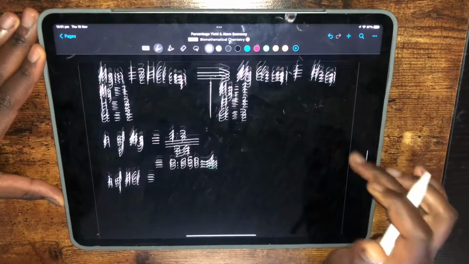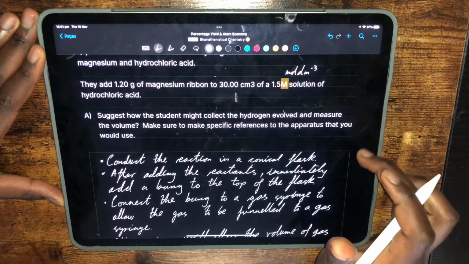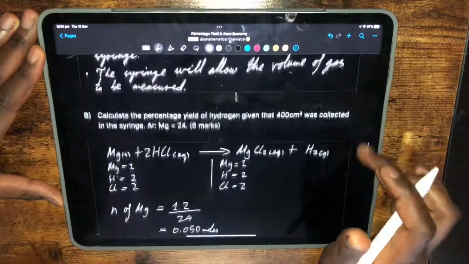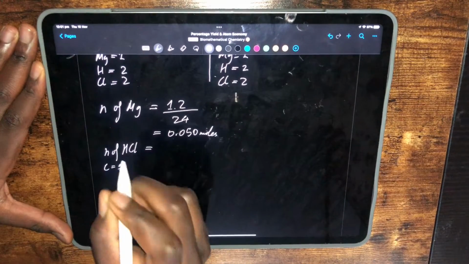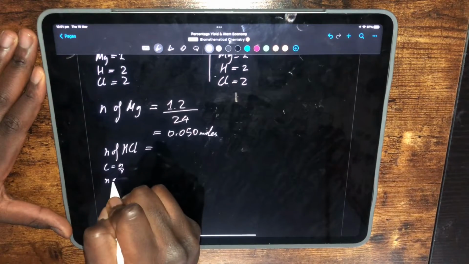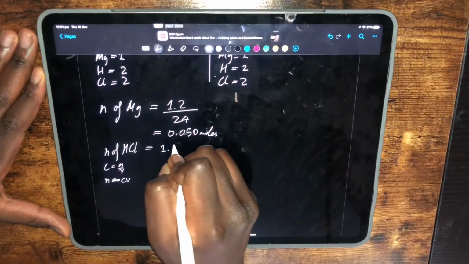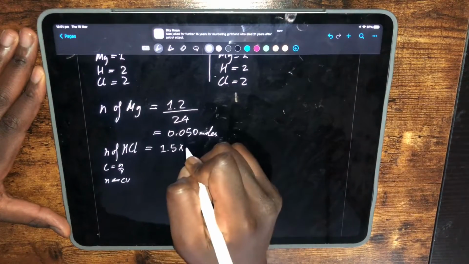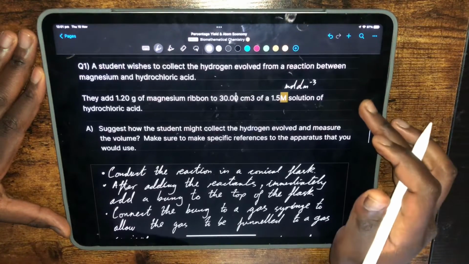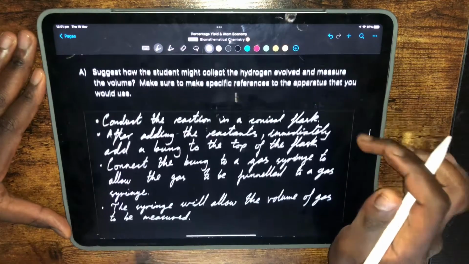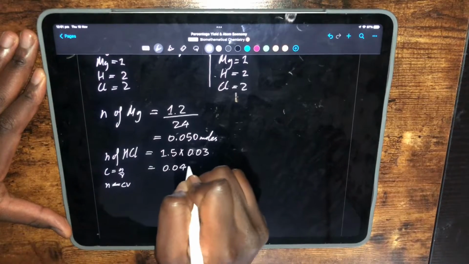Moles of HCl is equal to, we have 30 centimeters cubed of 1.5 mole per decimeter cubed, right? Concentration is equal to moles over volume, therefore moles is equal to CV. So our concentration is 1.5 multiplied by 0.03 decimeters cubed, because 30 centimeters cubed is the same as 0.03 decimeters cubed, and that's equal to 0.045 moles.